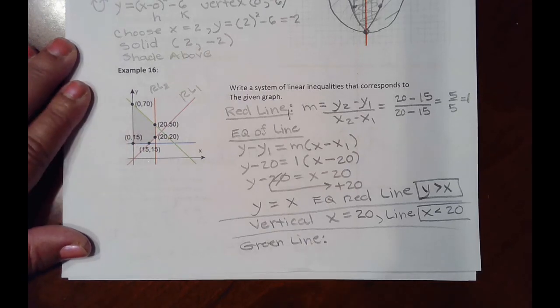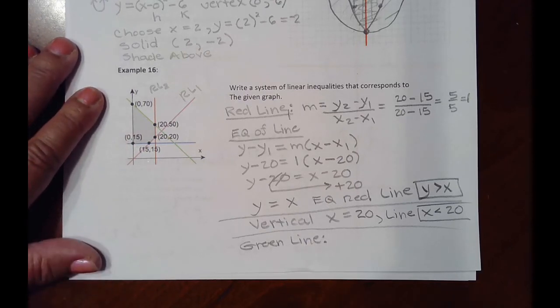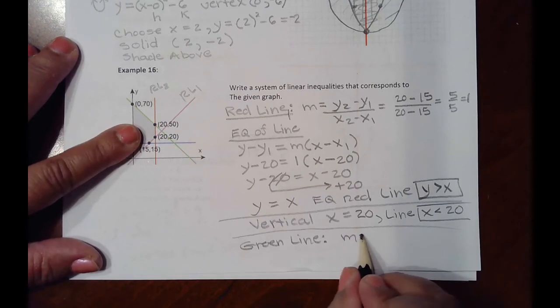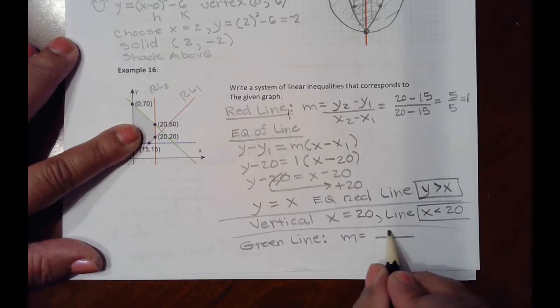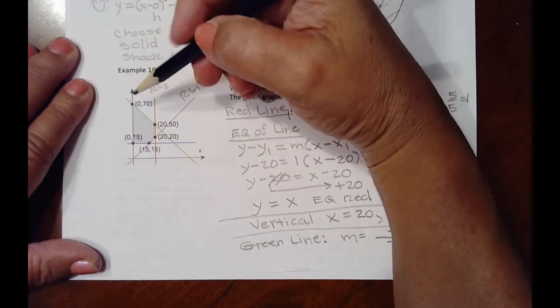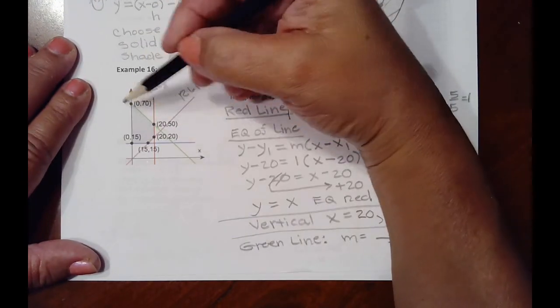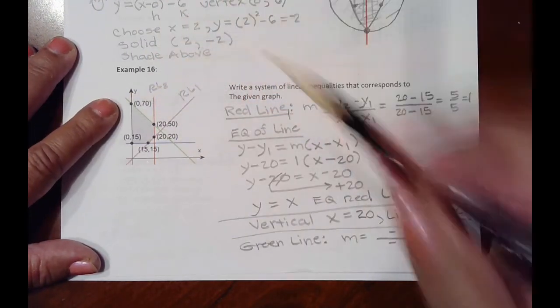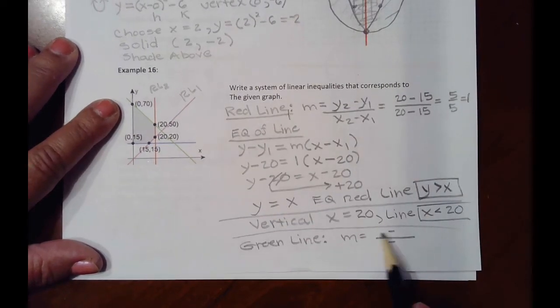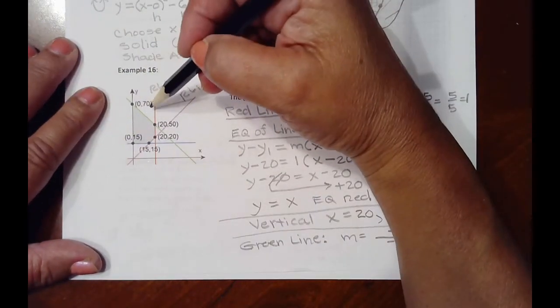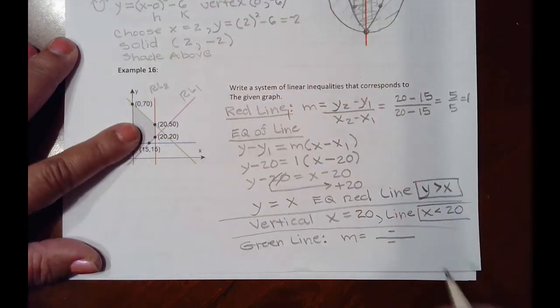Okay, then for that green line, because it has a slant on it, we're going to have to do some work for it. So the first thing I'm going to do is the slope. I already put the formula up there. I'm going to take 2 points that are on this line, and I'm going to do the y's at the top because it's y2 minus y1. I'm going to use 70 and 50.